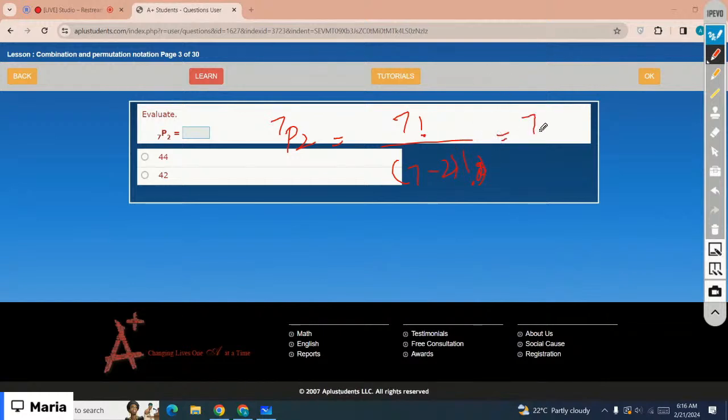So 7 factorial, 7 times 6 times 5 factorial, and 7 minus 2 is 5 factorial. 5 factorial cancel out, and you are left with 7 times 6, and 7 times 6 is 42. The correct option is 42, right? 7 times 6 is 42. So the correct option is 42. Got it?